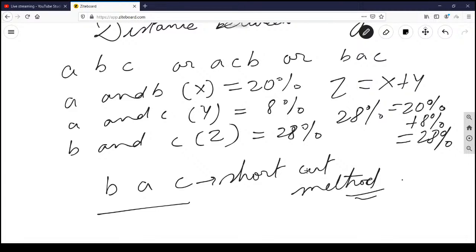The long cut method I'll be explaining to you in the next few classes. After this chapter is done, we will explain the long cut method and also do association questions. In the genetics chapter, with its molecular basis, there are many questions in NEET which are not at all discussed even in NCERT.